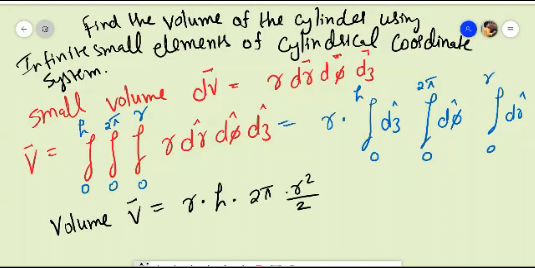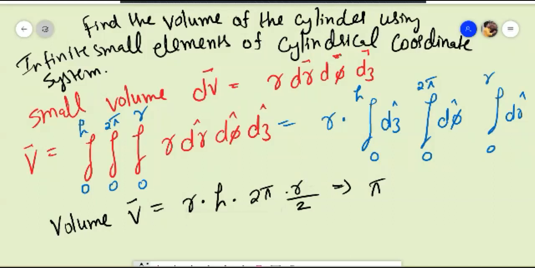Okay, so that will be equal to pi into, oh, sorry, we don't need to put the r square.